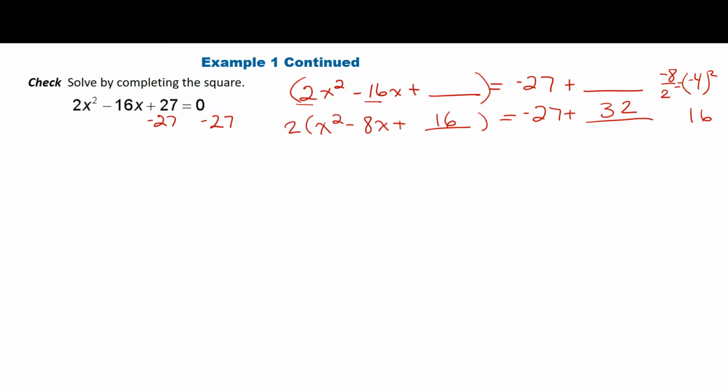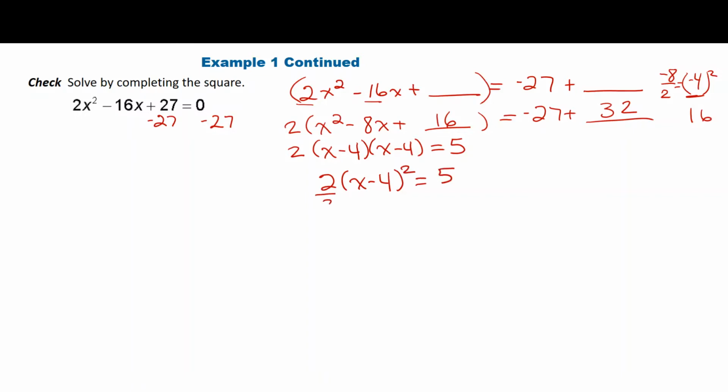I can say what two numbers multiply together to get 16, add together to get negative 8. I know that's going to be x minus 4 times x minus 4, because here is my negative 4, and all that's times 2, and that's going to equal 5. So I actually have 2 times x minus 4 squared equals 5.